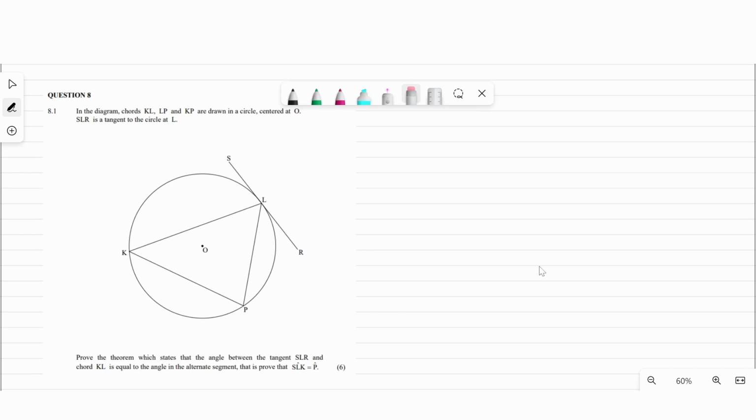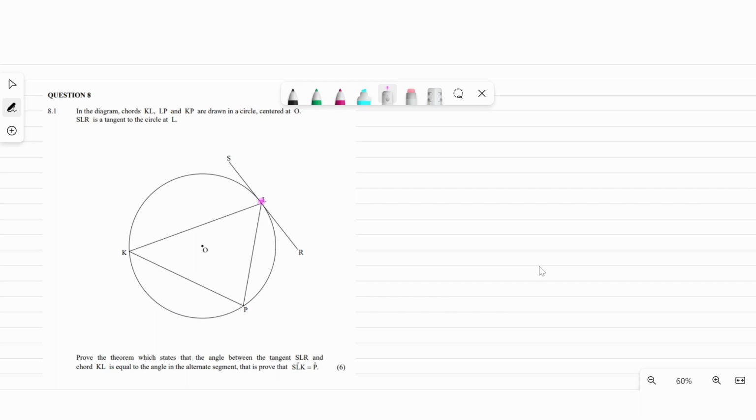So now we're going to do the last couple of questions, or the last topic, which is Euclidean geometry. So we're going to do questions 8, 9, and 10. The first question says, in the diagram, chords KL, LP and KP are drawn on the circle with center O. SLR is a tangent to the circle at L. Prove the theorem which states that the angle between the tangent SLK and chord KL is equal to the angle in the alternate segment.